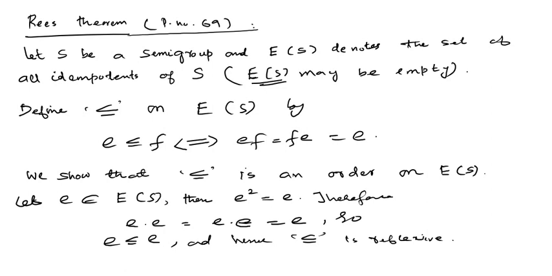So next we see that it's also antisymmetric. So for this, let's take two elements e and f in E of S, such that e less or equal to f and f less or equal to e. Okay.